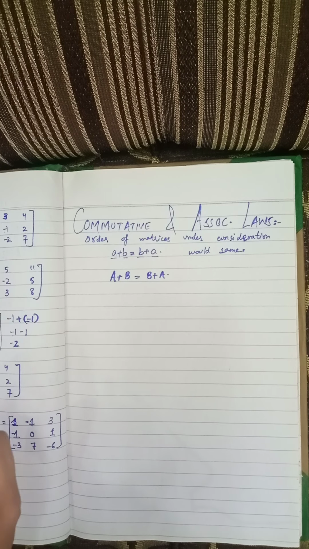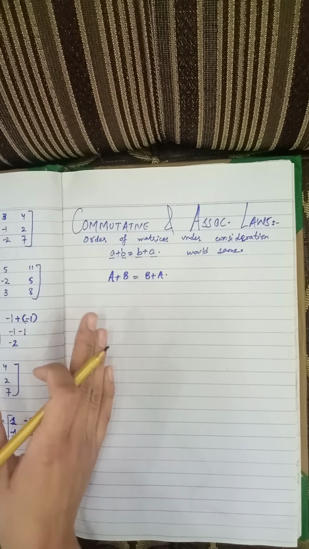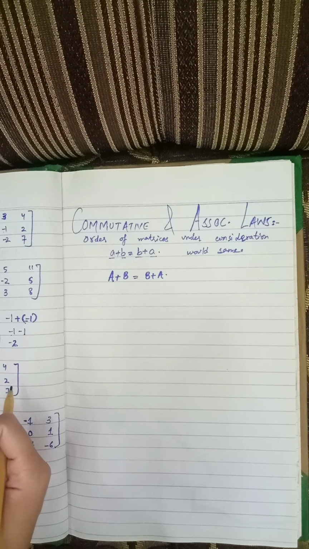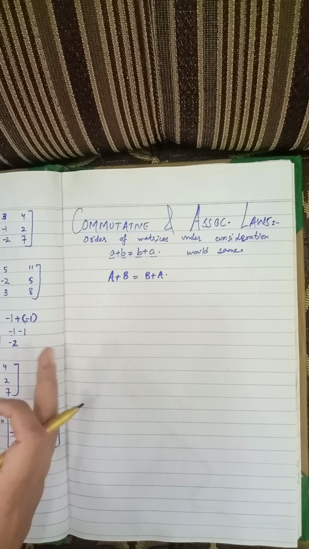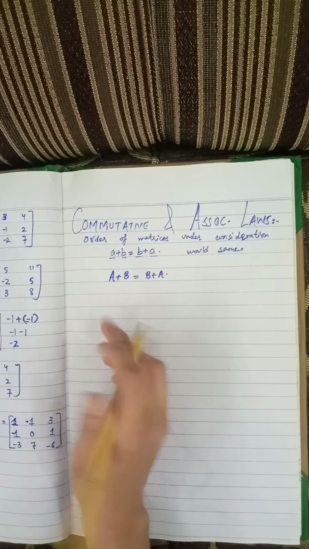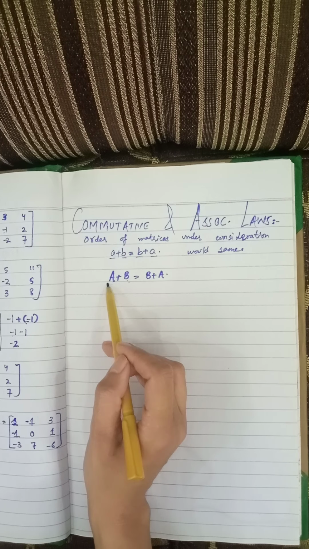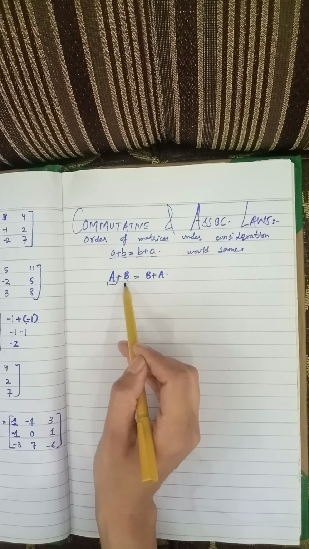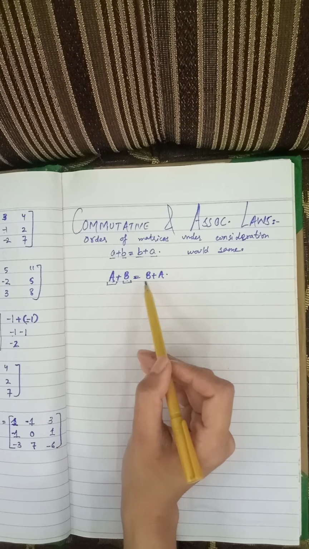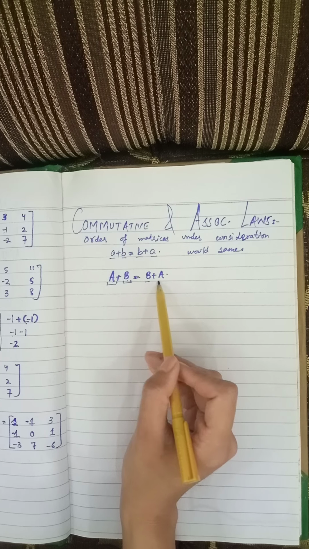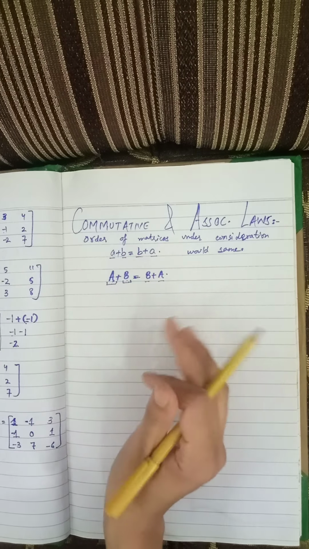Of course, the orders remain the same for both matrices, or three or four, however many matrices you are discussing, all of them must have the same order. So the commutative law holds: if you add two matrices with A written here and B here, and then you change, writing B here and A here, and add them, the answer in both cases would be the same.